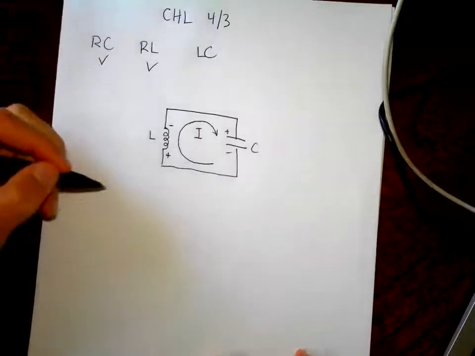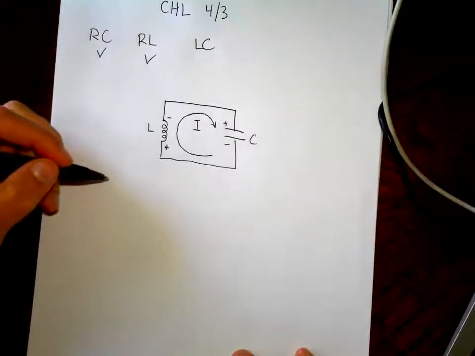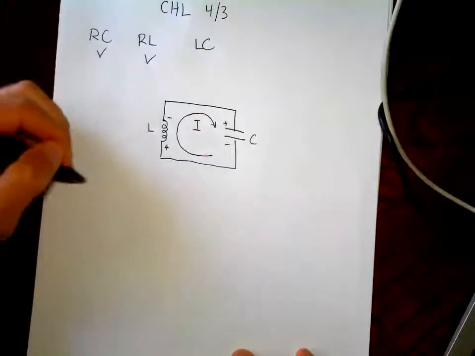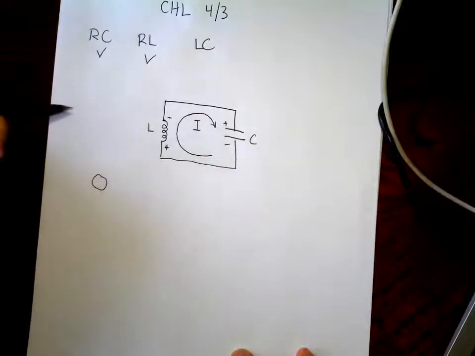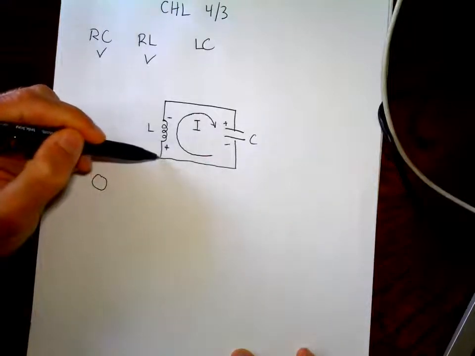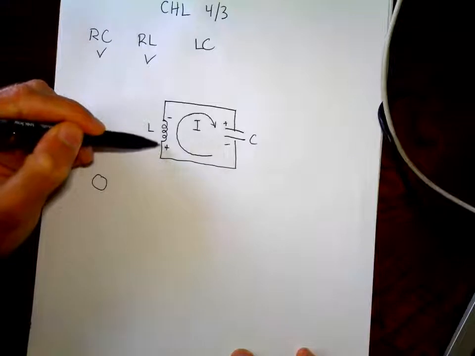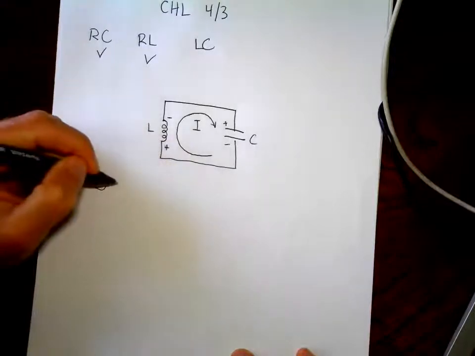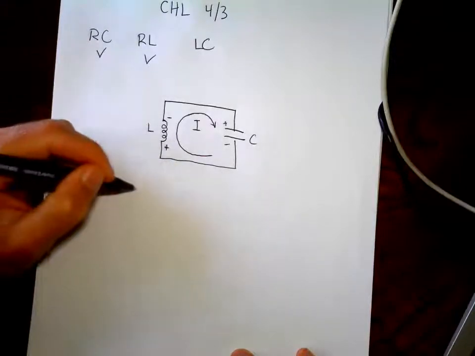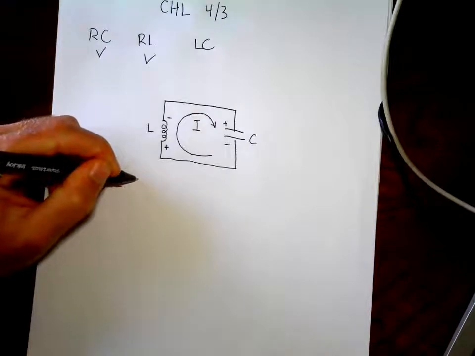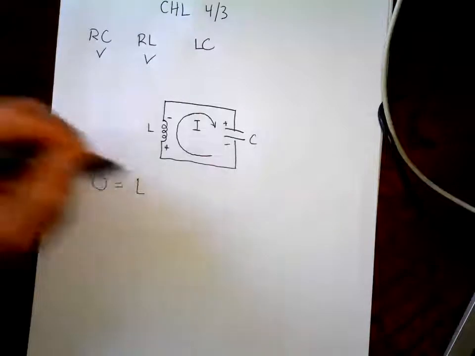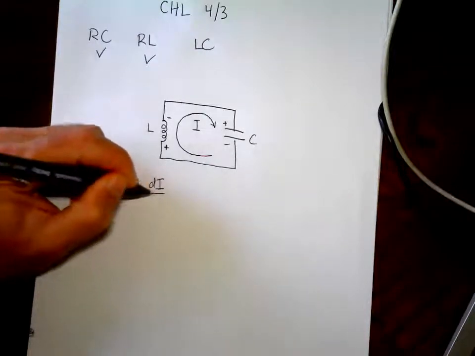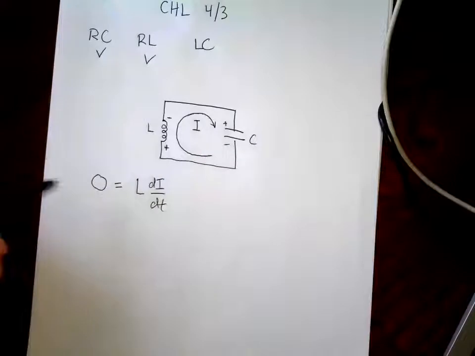Now I'll do a Kirchhoff's voltage law loop around this circuit. So I have 0 equals, and first I'm going to go through the inductor. The voltage drop across the inductor is L di/dt.